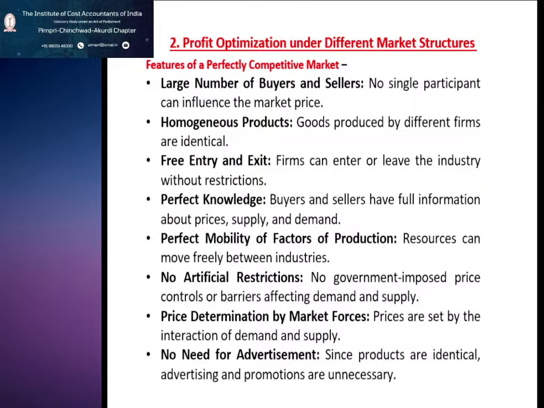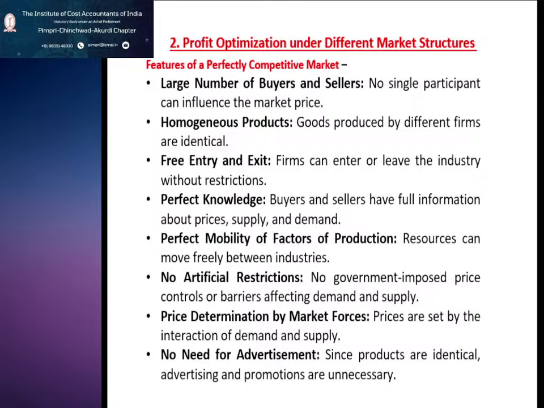If a short note is asked about the perfectly competitive market, and if you remember these pointers and write them down in your answer, I am sure you will be able to score as much as possible in your examination. So keeping exam orientation in mind, I have tried to cover the pointers in these kinds of PPTs also.